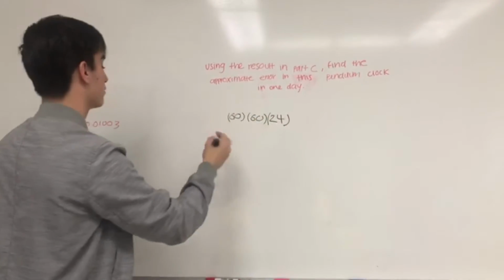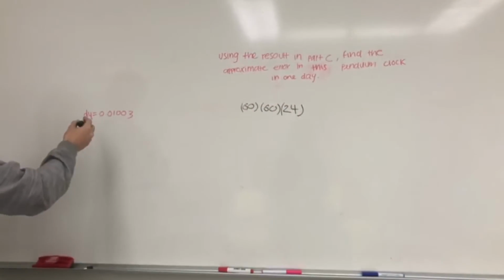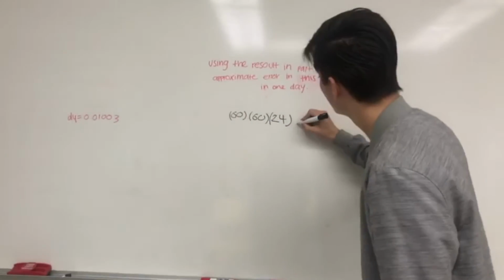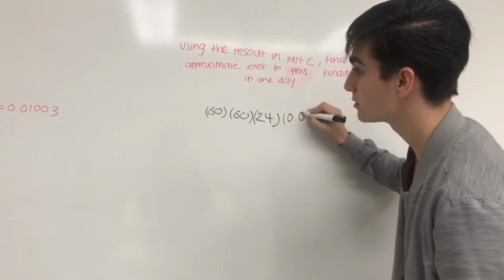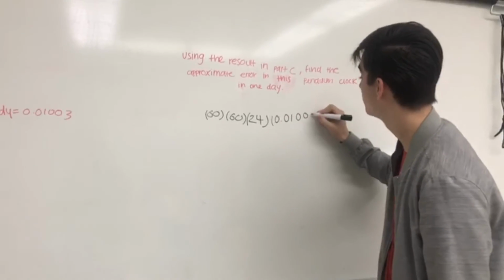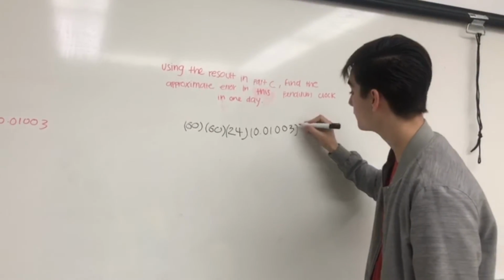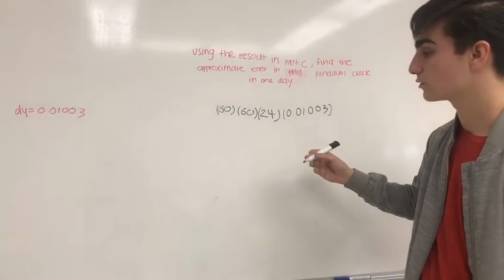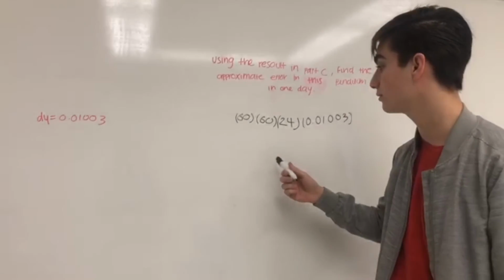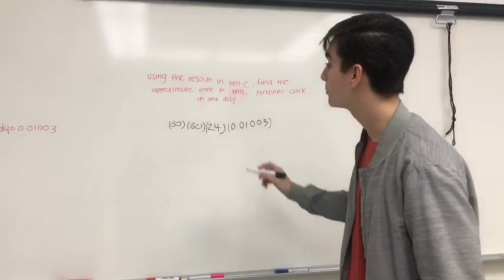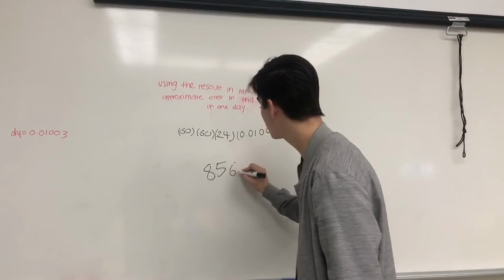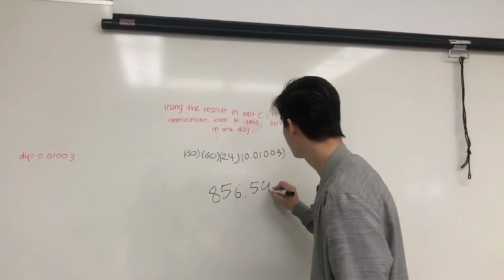All of these we multiply by the error, which is 0.01003. Whatever the result is will be our final answer. So you plug it into the calculator, and the approximate error is 856.592.